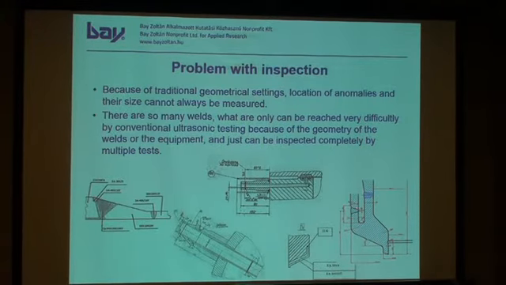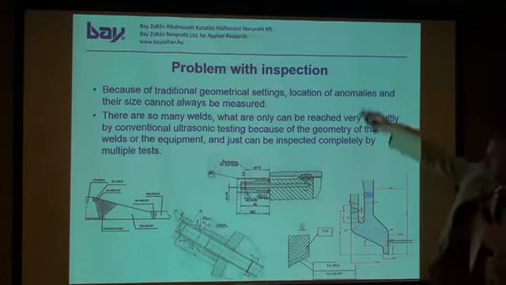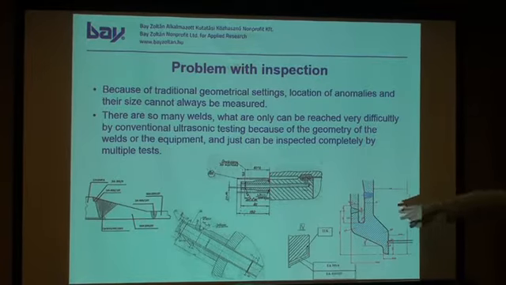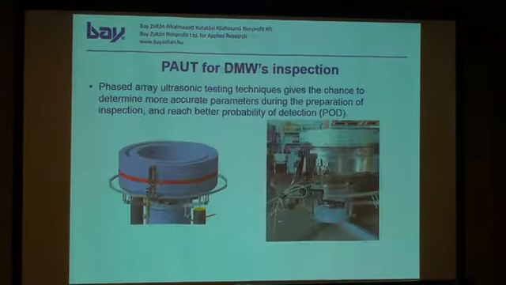The crack is always located on the ferritic side at a hidden point, especially in case of VVER issues. But in this picture you cannot see that the vessel is here. So you cannot put your probe here, the NDT probe. So you have to do the inspection from the outside. So it causes a problem.